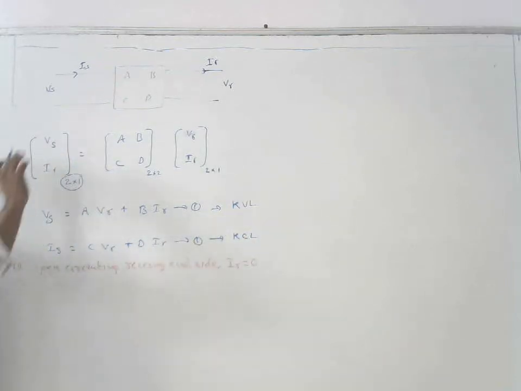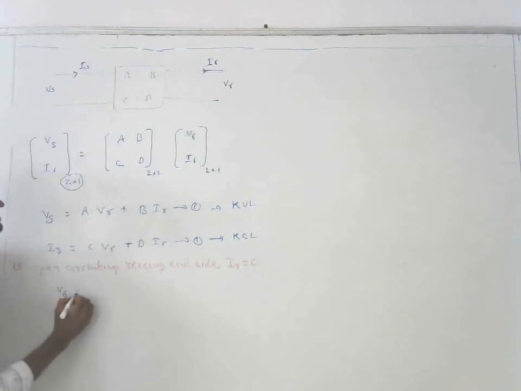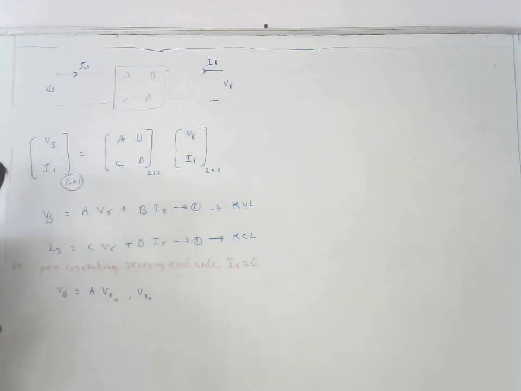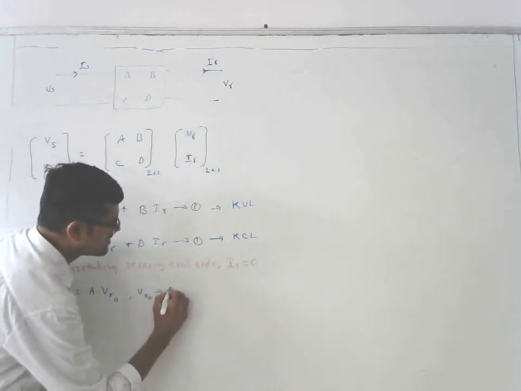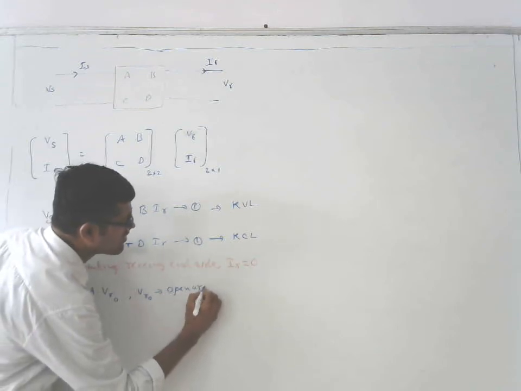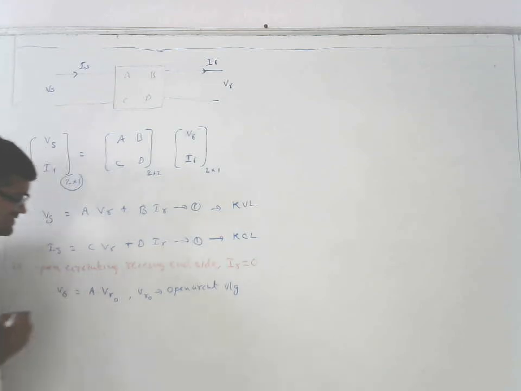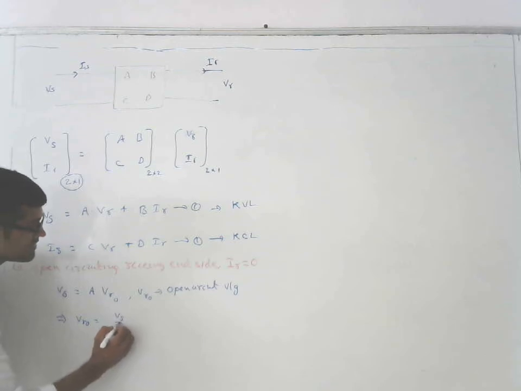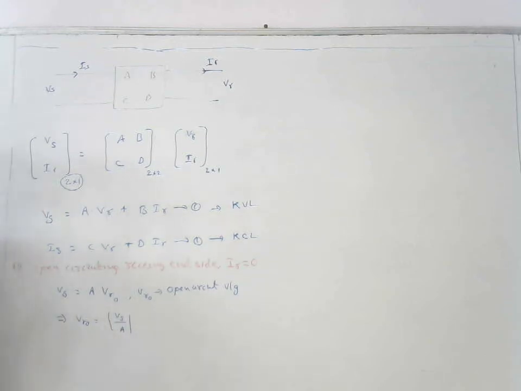Now, if the receiving end current is 0, the equation becomes Vs is equal to A into VR, because IR is 0. This VR is called the open circuit voltage, and I define it as VR naught. So VR naught is equal to Vs by A, and parameter A is equal to Vs by VR naught.